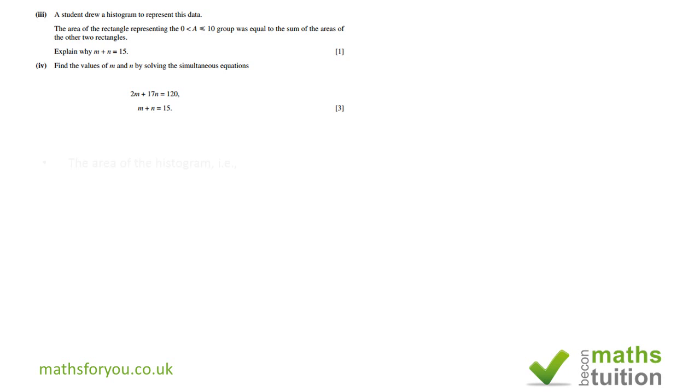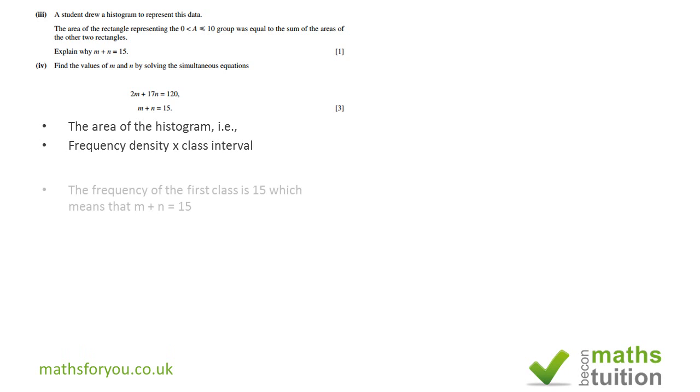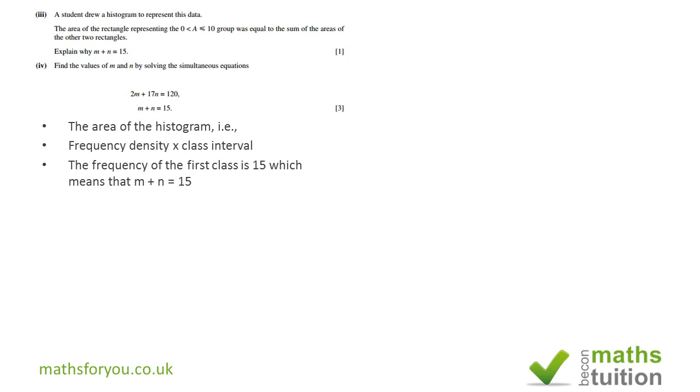Now, the frequency is given by the product of frequency density times class interval. So for the first class interval, this gives us an answer of 15, which then implies that the frequency for both the second and third intervals together will also be 15. So M plus N is 15.